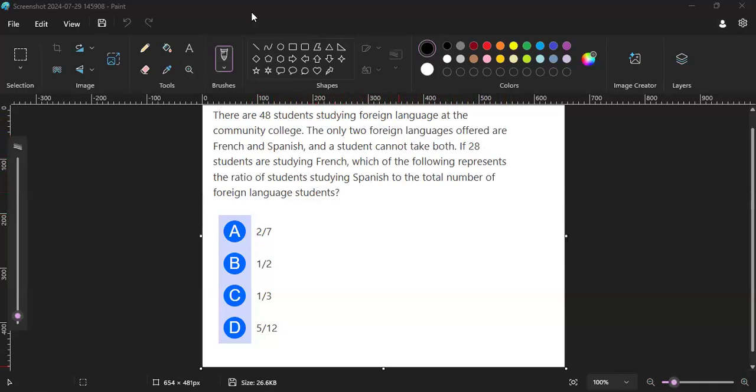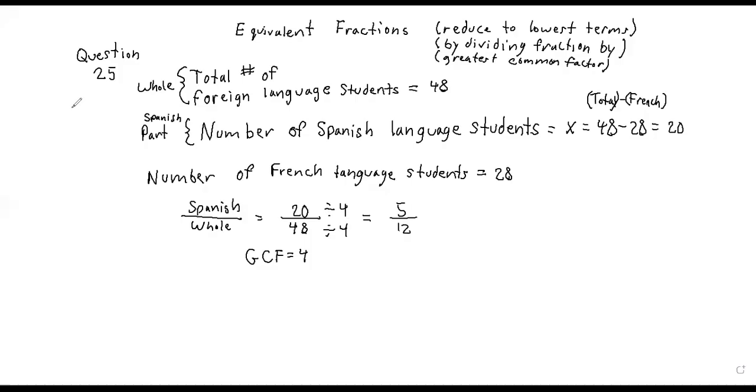So let's go back to the whiteboard and see how we express this ratio. What they've given us is the total number of students studying foreign language is 48, and the number of French language students out of that is 28.